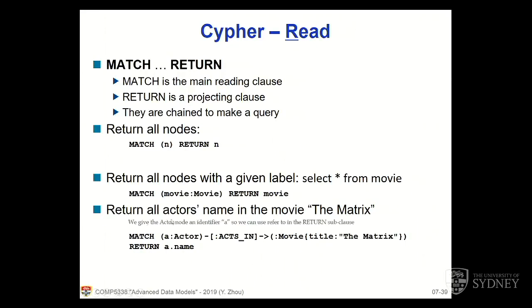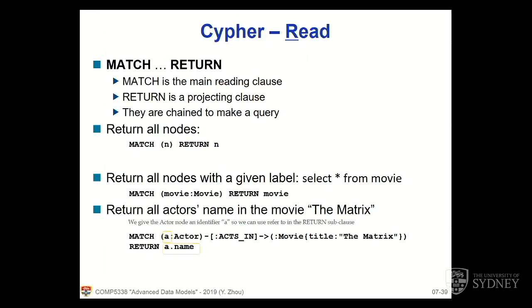This one returns all actors' names in the movie The Matrix. We match this one: we have an actor, ACTED_IN, and then a movie with a title. Then we return a.name. We only give the actor node an identifier or variable a, so we can use it in the return subclause. We're not interested in the actual movie, so we don't give it a name.